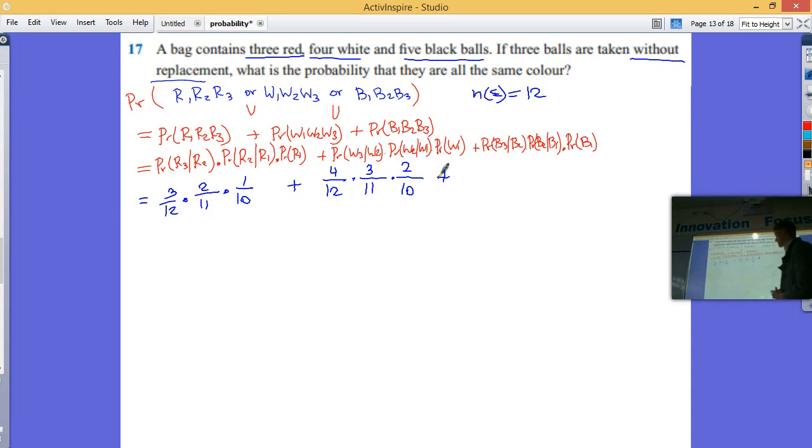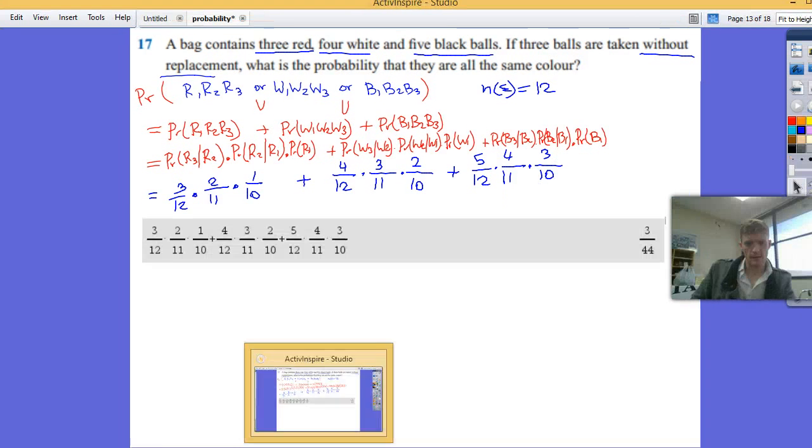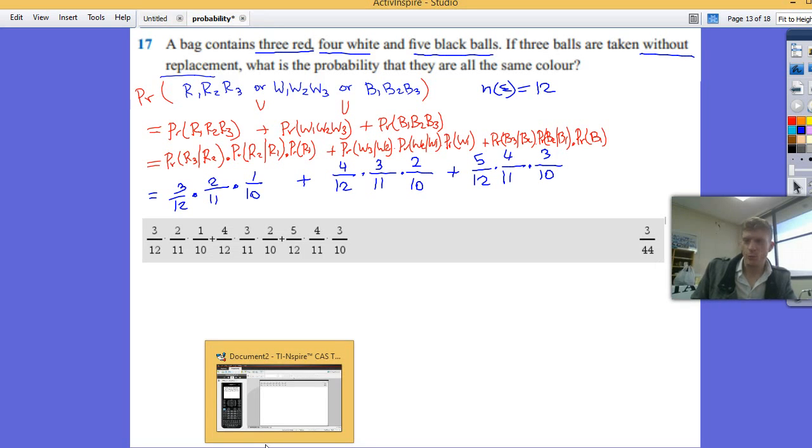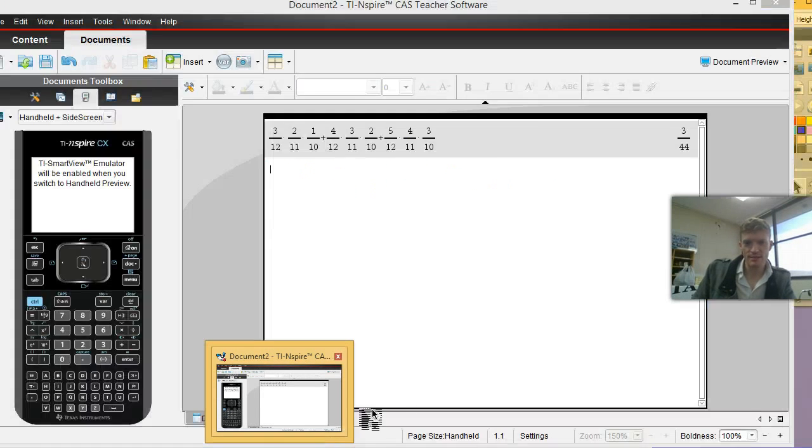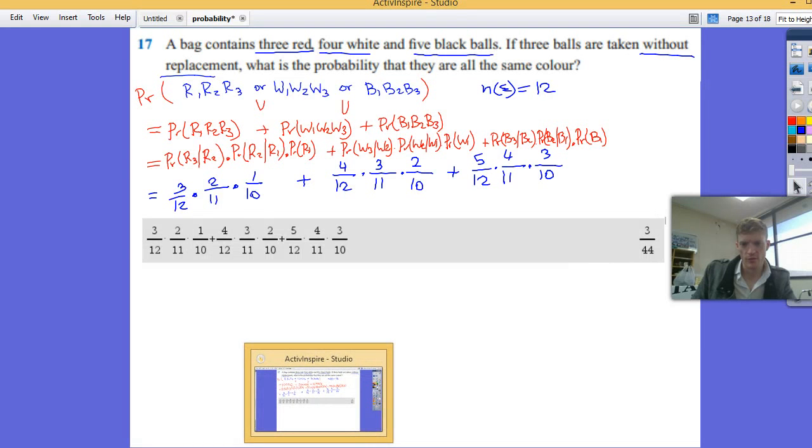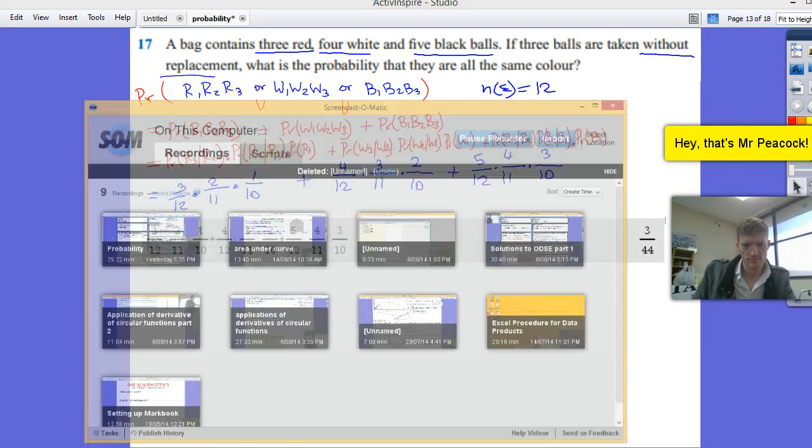And then for the black balls, first we start off with 12 balls, and there are 5 of them black. Then we've got 4 out of 11 black in the second, and then 3 out of 10 in the third. Get the idea? And we whip it all up nicely on CAS, hit enter, and we get our result of 3/44.